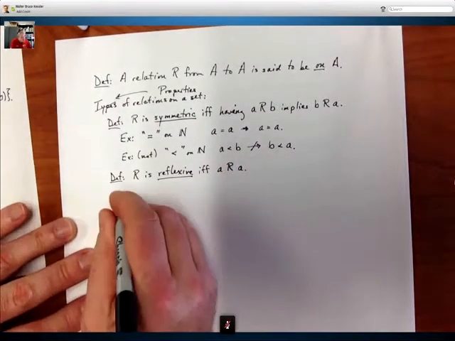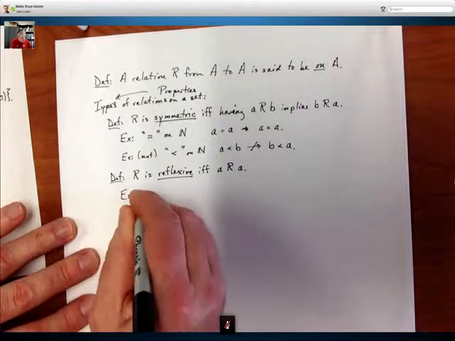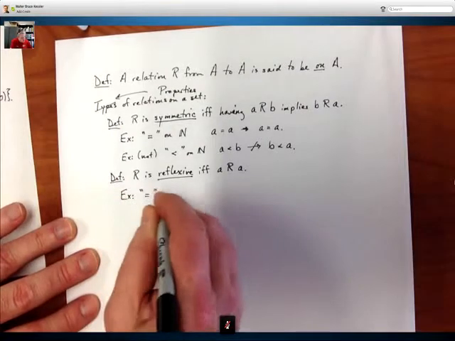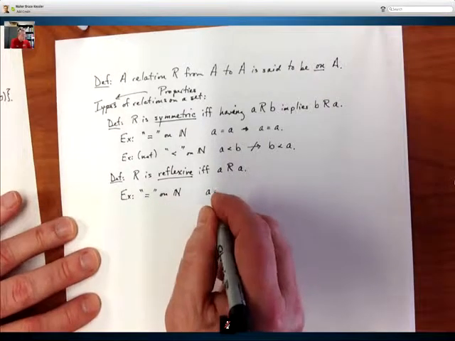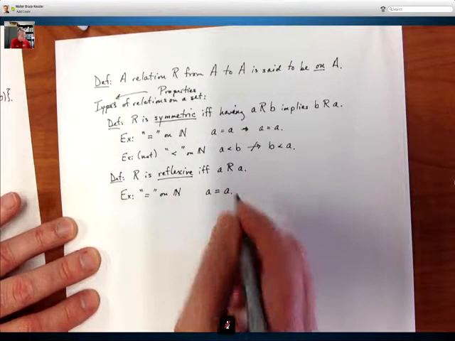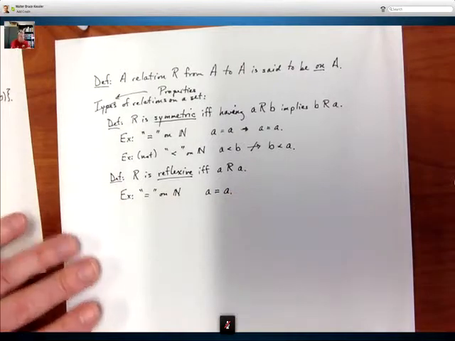Again, a great example is equals on, say, the natural numbers, because every natural number A is equal to itself.